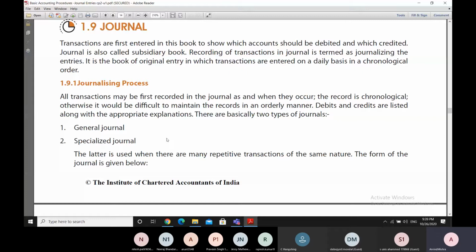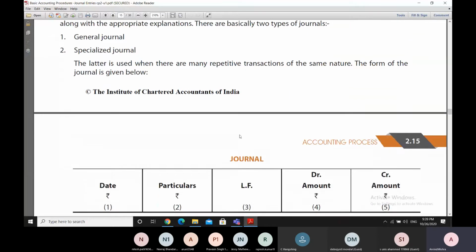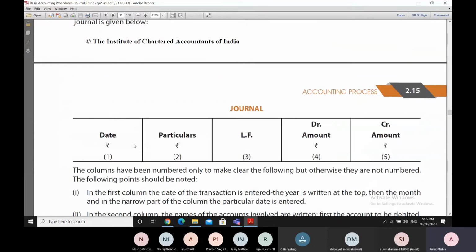Now, the specialized journal is used when there are many repetitive transactions of the same nature. So we use a specialized journal, but the form of the journal is given below. First we write the date, then we write the particulars of the transaction, and then we write the ledger folio, which means that from here the transaction will go into the ledger, into that folio number.